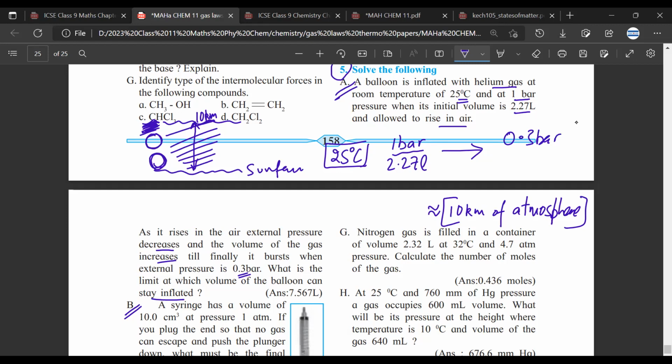Now see, they haven't talked much about the temperature. Because they haven't talked much about the temperature, what we will assume is that the temperature would remain constant. And when the temperature remains constant, which law is applicable?